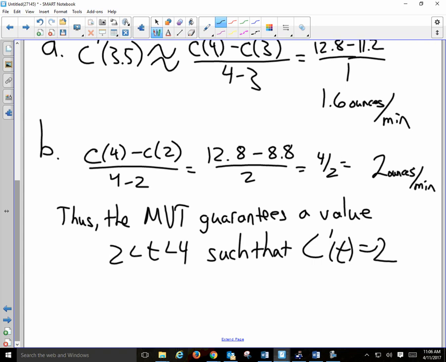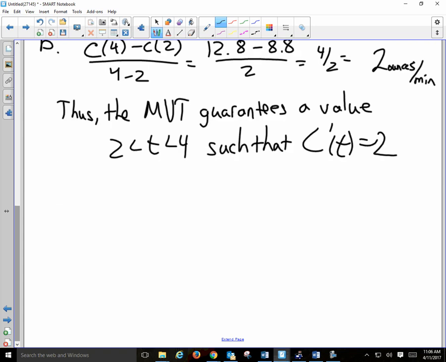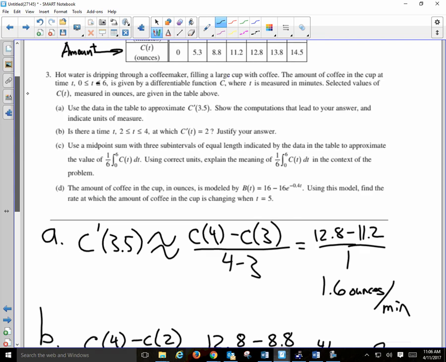So we invoke the mean value theorem at that point. Normally, people wouldn't see that right away till we go over it, so don't feel bad about that.